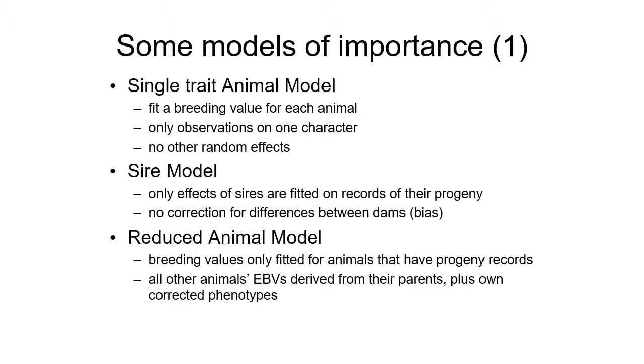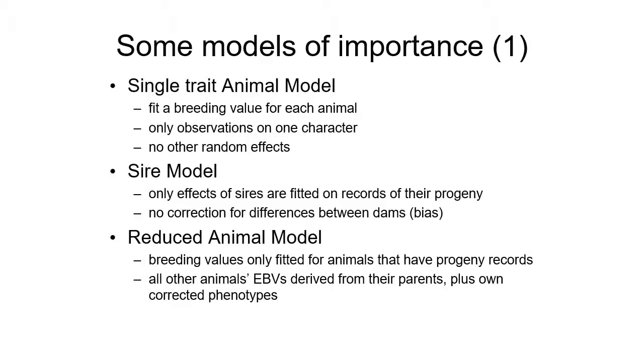If you have another 1,000 fixed effects, you add another, and your matrix grows by another 1,000 by 1,000. The reduced animal model was just a mathematical way of dealing with these large matrices. Breeding values were only fitted for animals that have progeny records, so you excluded animals in the equations that did not have measurements and did not become parents.